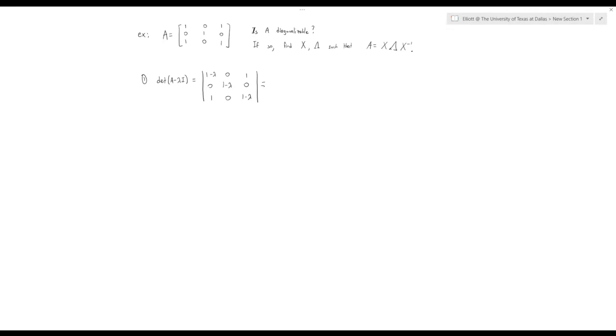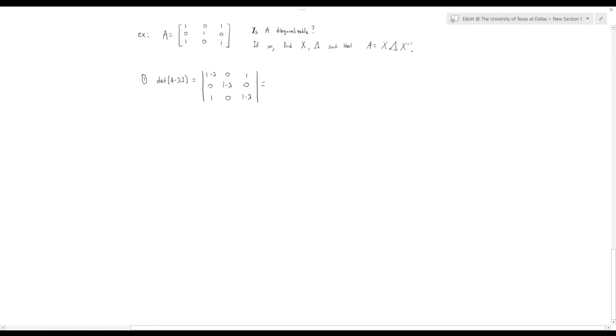Actually, this one's easiest if I do cofactor expansion along the second row or the second column, because those are the rows or columns with the most zeros in them.